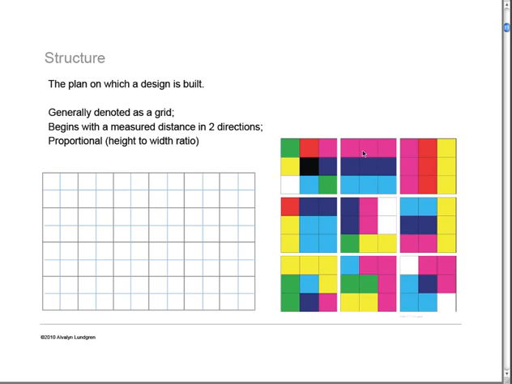But if you'll notice, the way you can actually compose within a structure creates a wide variety. So we have different expressions within the same structure. Each one of these squares is a 3 by 3 setup, but we can basically compose something in many different ways within the same structure.